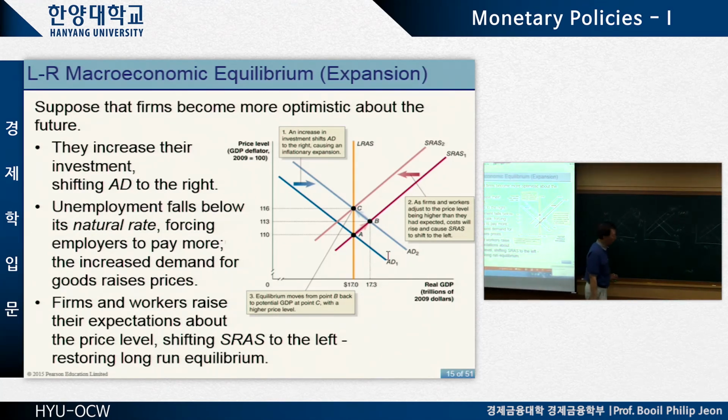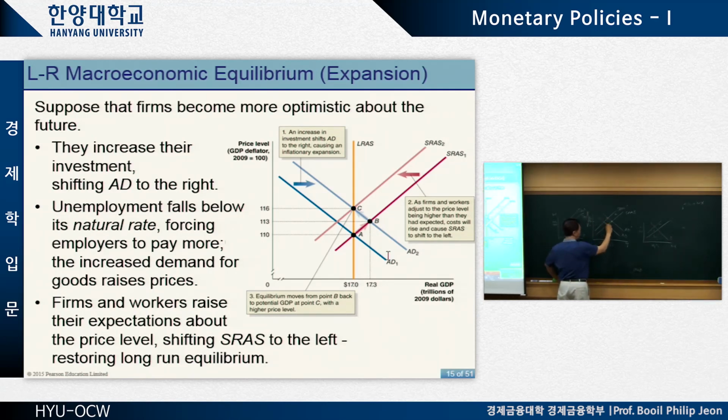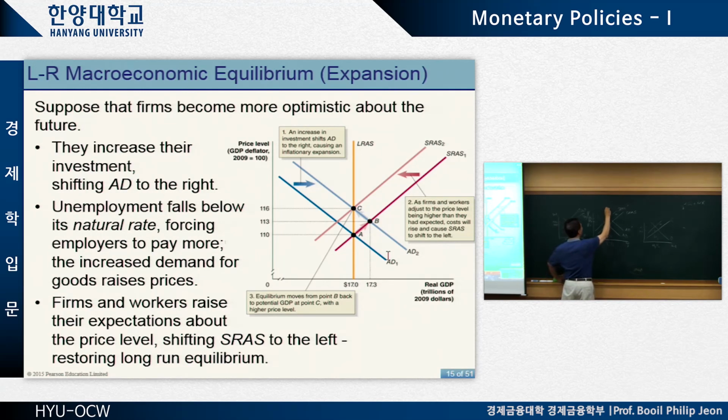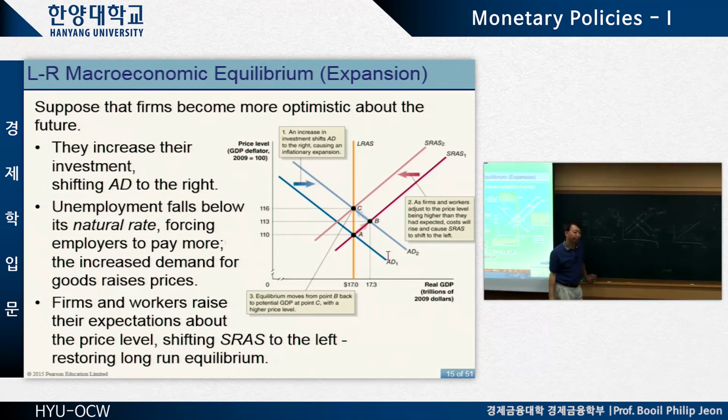And eventually, we're going to come back to this final equilibrium, and the price level would be even higher. And we're going to have this long-run aggregate supply at the potential GDP.